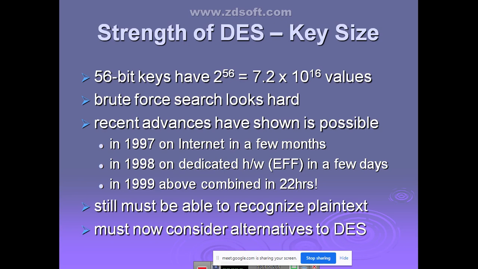So by using a brute force attack, if the cryptanalyst is attacking a DES algorithm, it is very hard to try out all those possible keys. So the usage of a 56-bit key is one of the strengths of the DES algorithm.